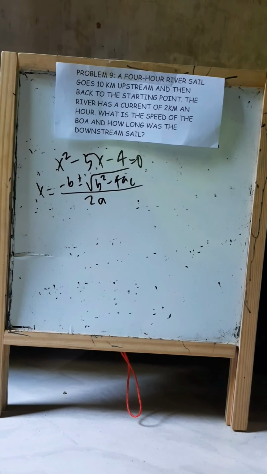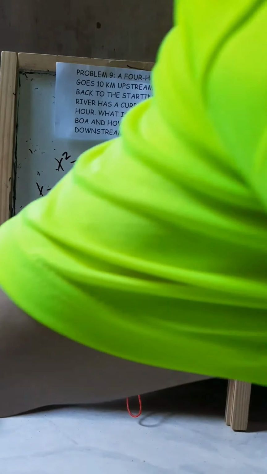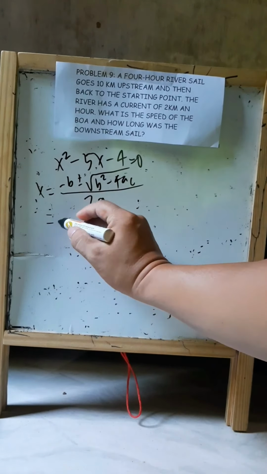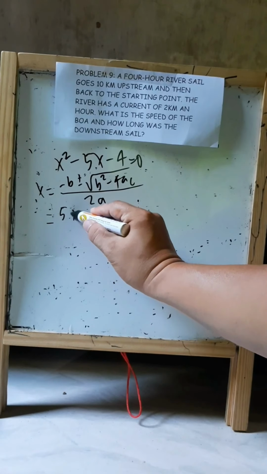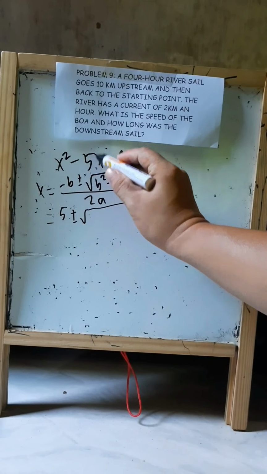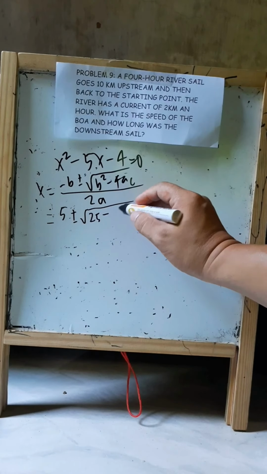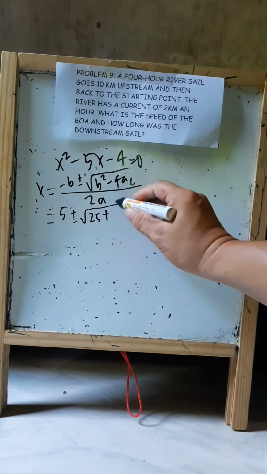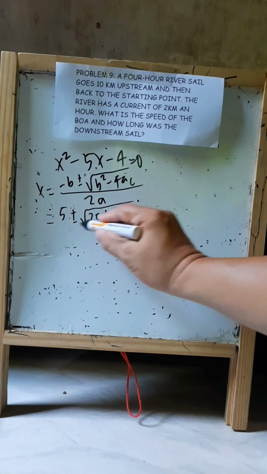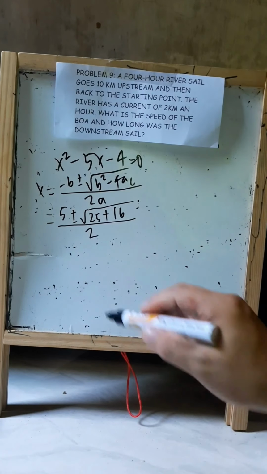Negative b plus and minus square root of b squared minus 4ac all over 2a. Then substitute. Positive 5 plus and minus square root of negative 5 squared, 25, minus 4 times 1 times negative 4, bali plus na yan, 4 times 4 is 16, over 2 times 1 is 2.